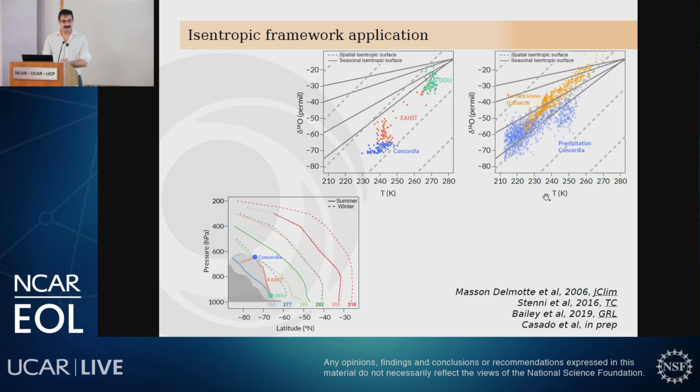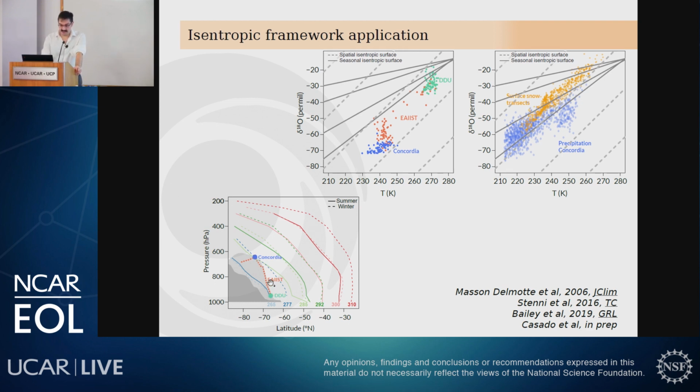The idea is that instead of having one type of behavior when you change the temperature, you have to follow two different behaviors. Here's a schematic of all the different isentropic lines in Antarctica, with DDU, the East Traverse, and Concordia.